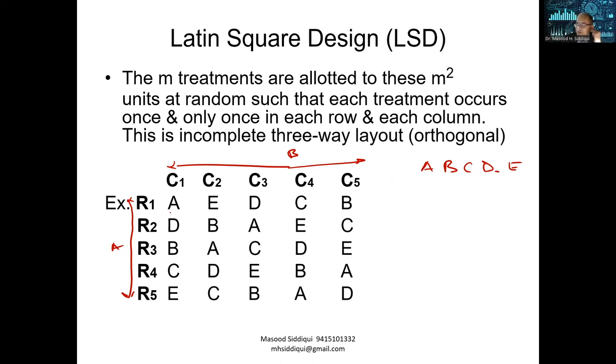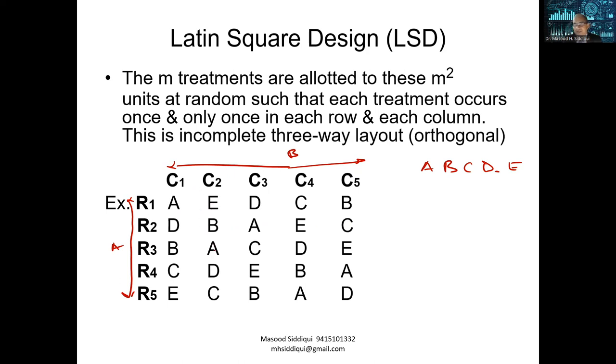Once they are applied, you can check that in a row or in a column, a particular treatment is repeated once only, like A here. A is repeated once only in this row and in this column. Suppose we take another one, that is B. B is repeated only once, as you see: D, A, E, C. So B is repeated only once in its row as well as in its column.